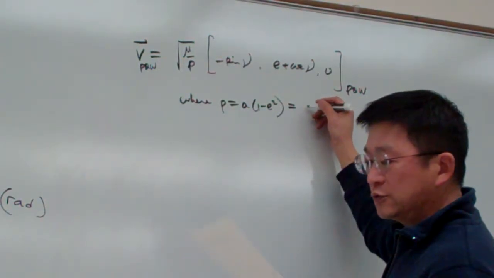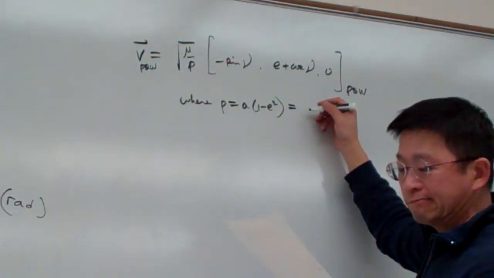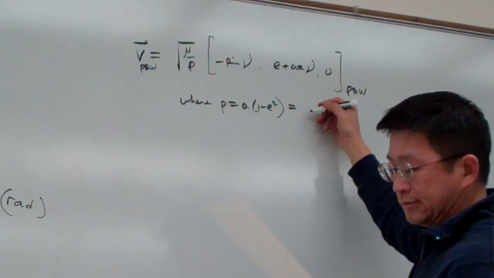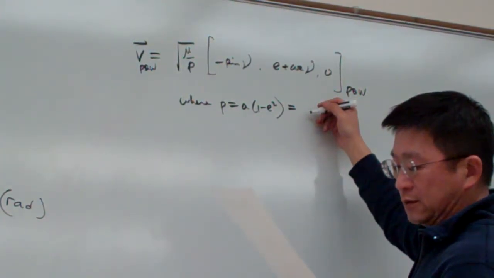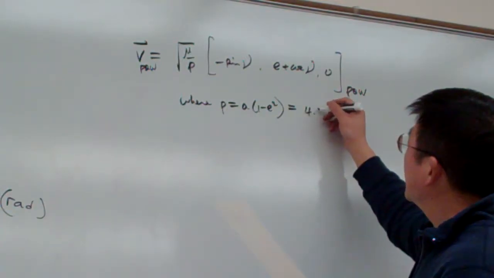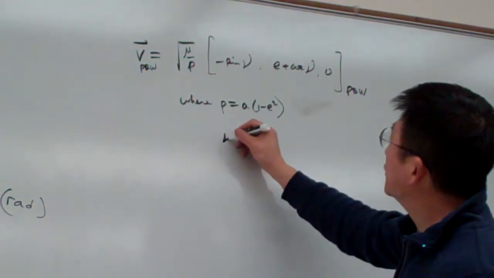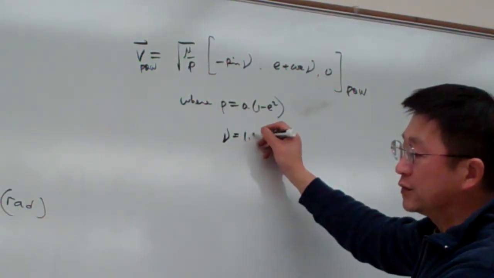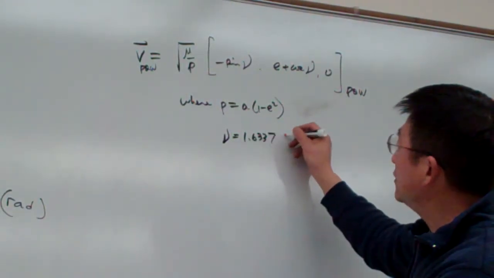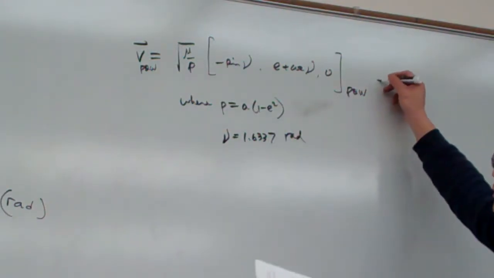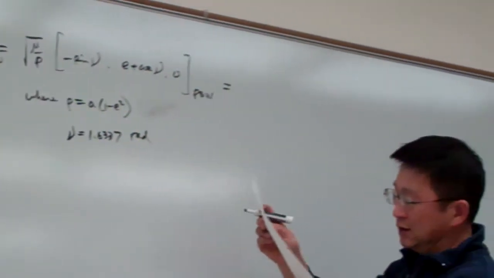And p should be equal to 4.5 something, and nu equal to 1.6337 radians. So basically, we can plug in to do the calculations.